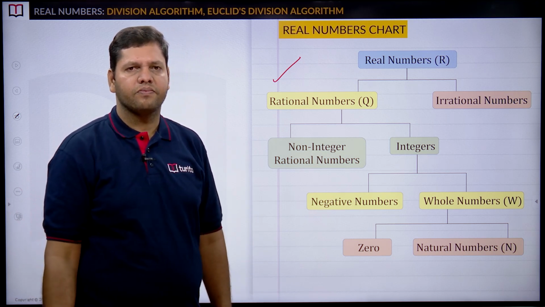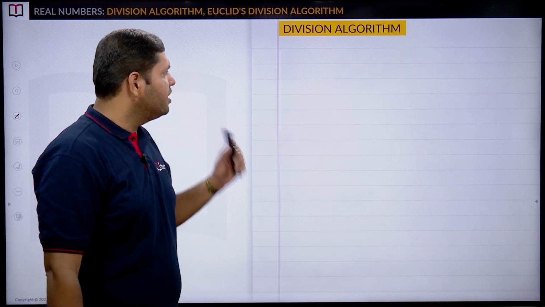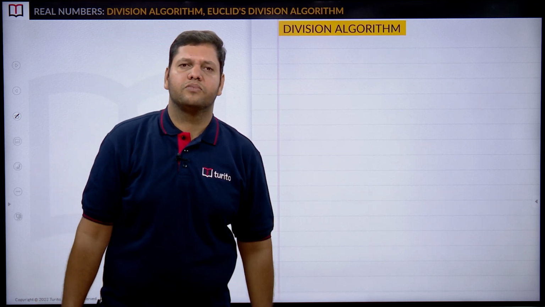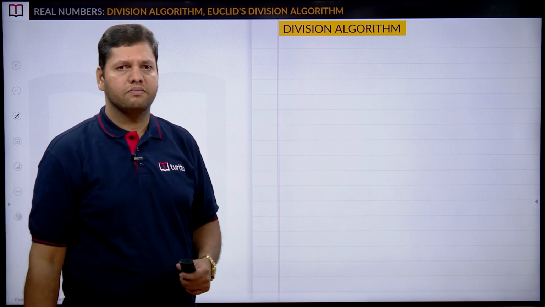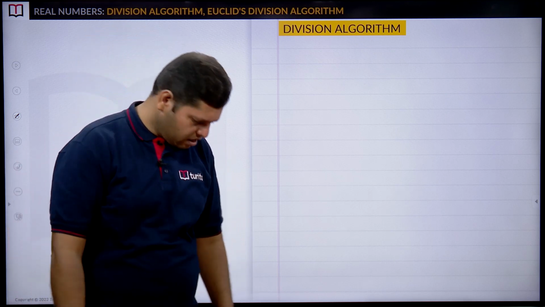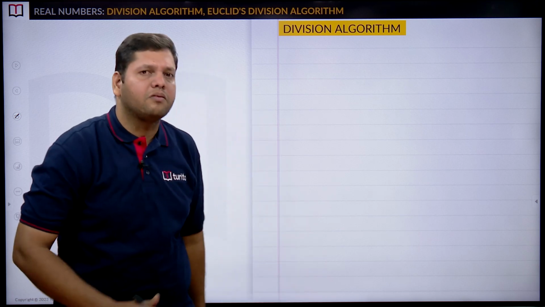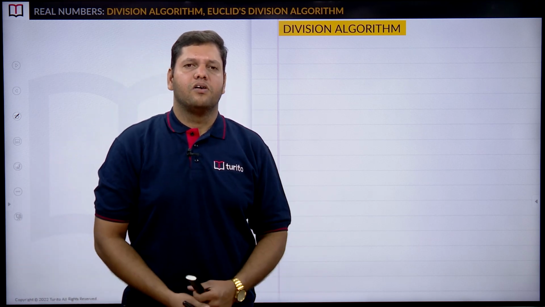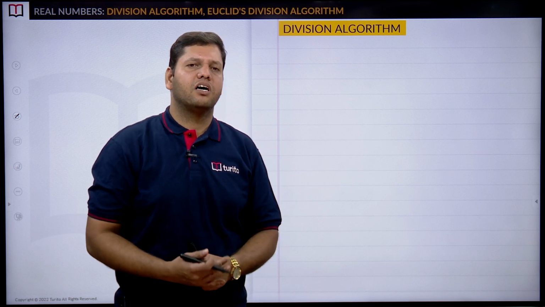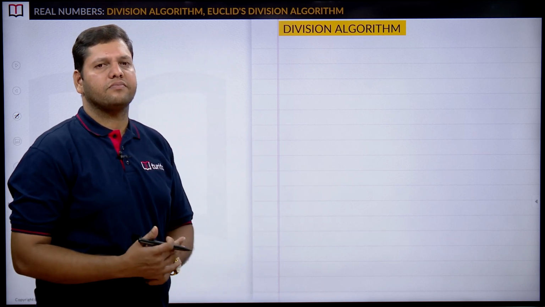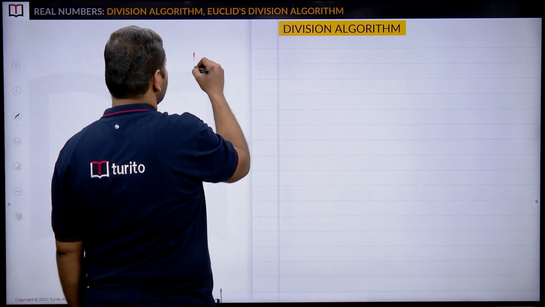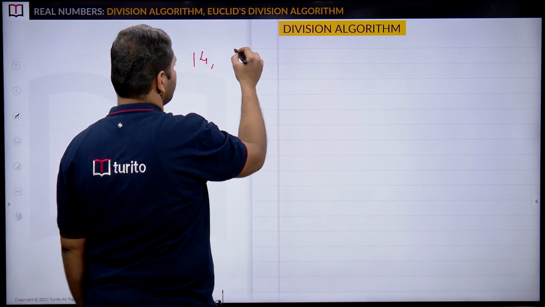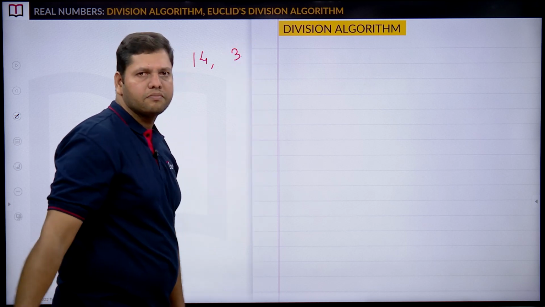Clear? Fine. Next, children, the division algorithm. What is a division algorithm? Any idea? Okay, children, listen here. I take two numbers, 14 and 3. I want to express this 14 in terms of multiples of 3.